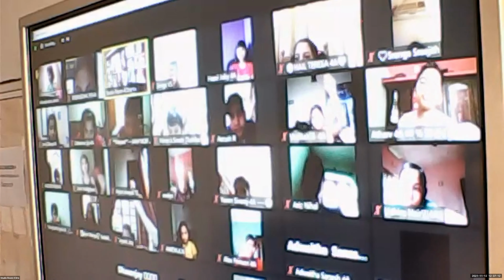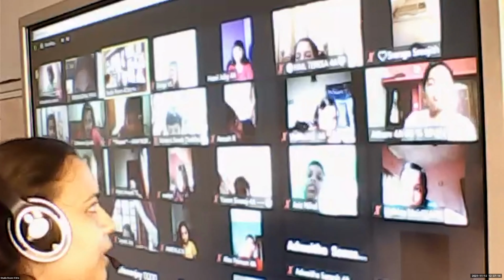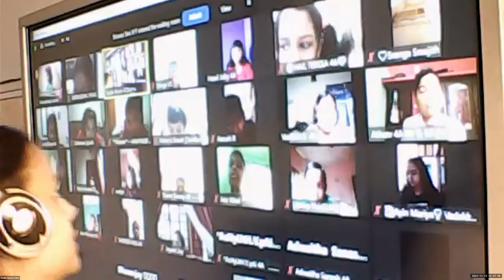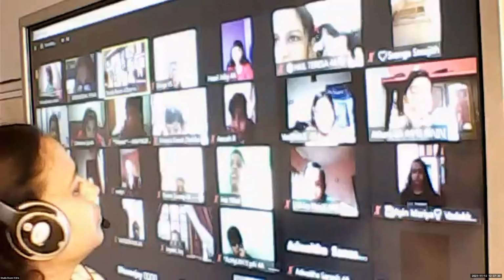Fractions that have different denominators are called unlike fractions. Yes, very good. Yes, Vedika, can you give me the definition of both, like and unlike? Fractions that have same denominators are called like fractions. Fractions that have different denominators are called unlike fractions.